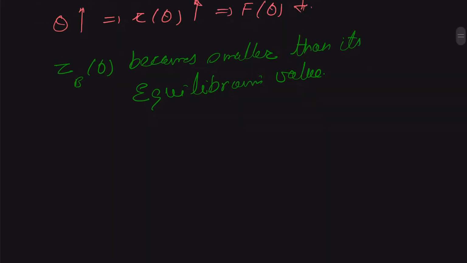And the second torque, which is due to gravity, increases. Okay, because for small angle theta, sine of theta increases as theta increases. So this gravitational torque increases.